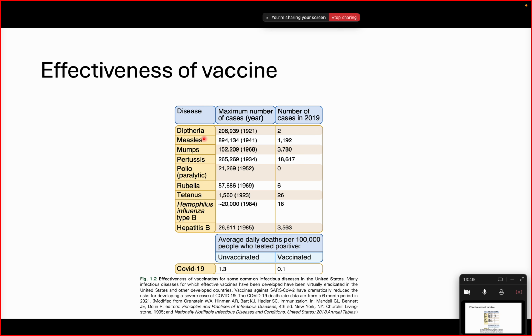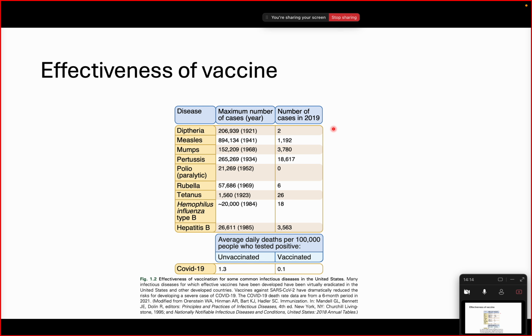So diphtheria, which had like 2 lakh cases at some point of time, that is 1921, reported only 2 cases in 2019. Same goes with measles, mumps, pertussis, rubella, tetanus, Haemophilus influenza type B, and hepatitis B, right?